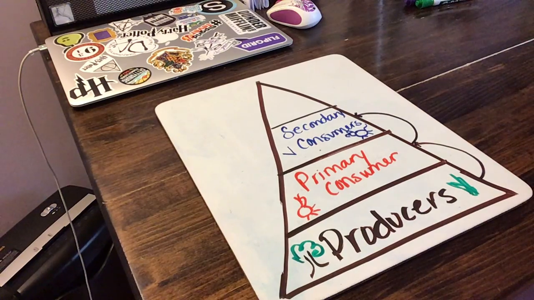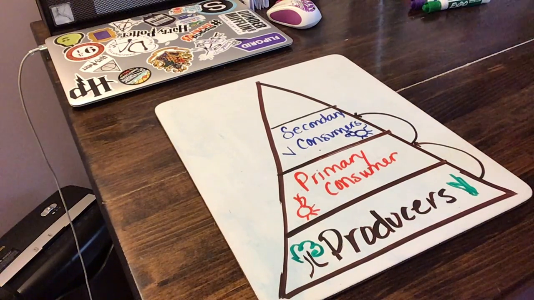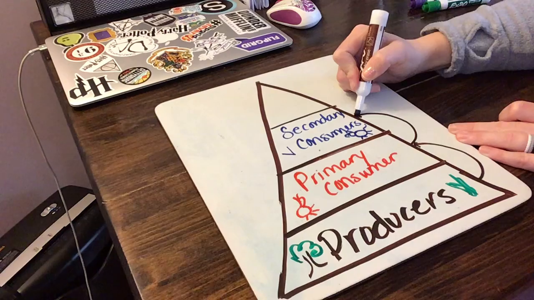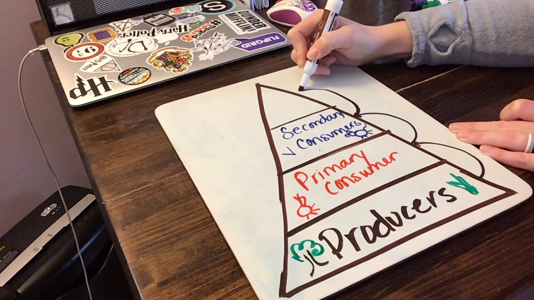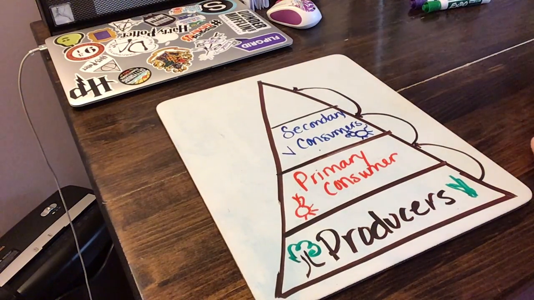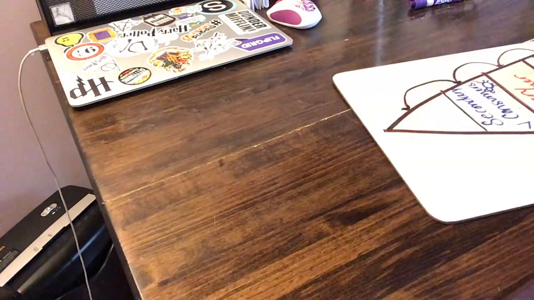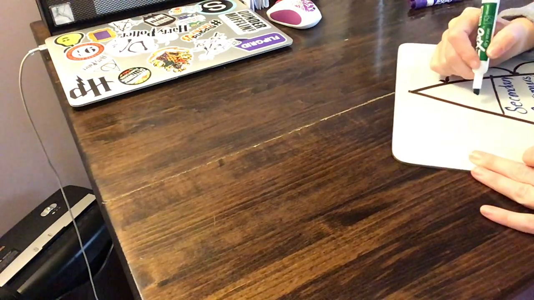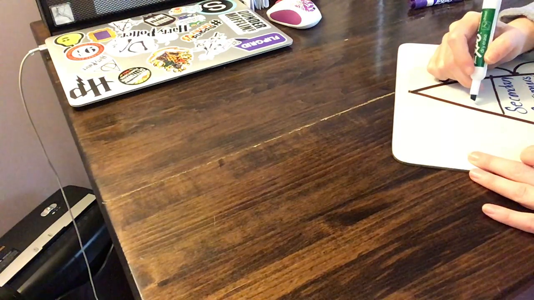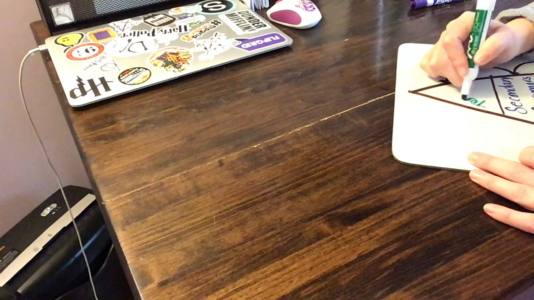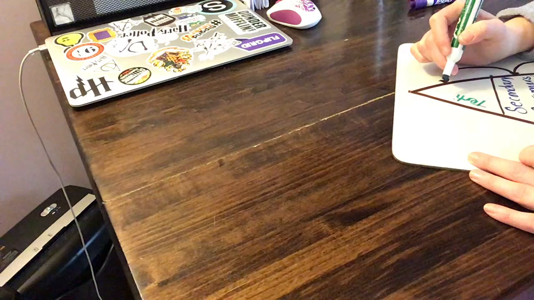Okay. Secondary consumers then are going to pass their energy on to the top level, which we're going to call tertiary consumers. Okay, and the tertiary consumers are going to be what we're going to consider our top predator.